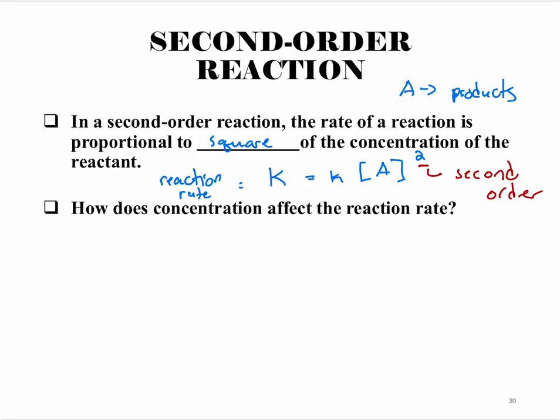So now we would say we have, mathematically, a quadratic, or parabolic, dependence on A, because as we increase the concentration of A, the rate of reaction doesn't just get doubled.